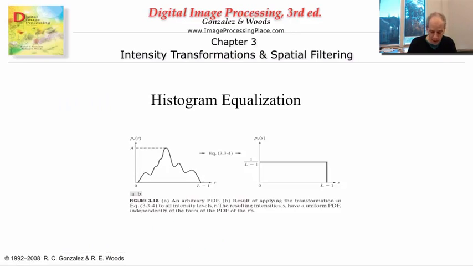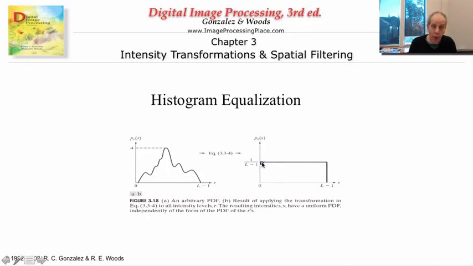So our goal is to go from a given distribution to a uniform distribution, assuming that our pixel values can go from 0 to L minus 1. For example, the standard L is 256, so we can go from 0, dark, to 255, very bright or white. And we want to get a uniform distribution.